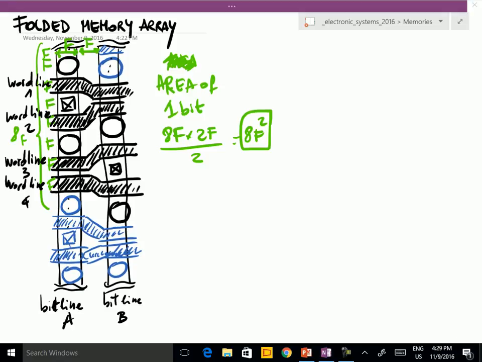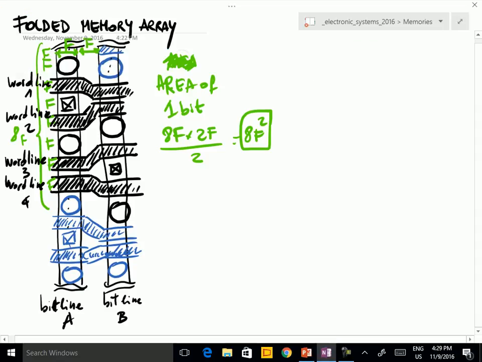Now, just let me consider a cross section. Let's do it in this direction, just to understand how this memory cell is done. Essentially, we have this situation.